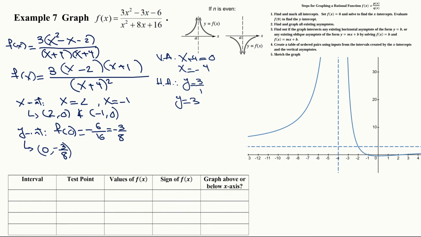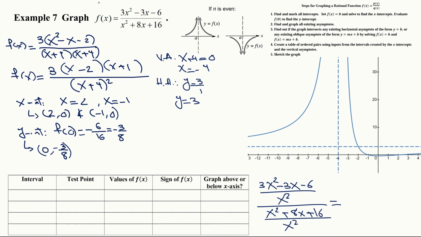In case you've forgotten what I'm talking about, you can just take 3x squared minus 3x minus 6 divided by x squared, and do the same to x squared plus 8x plus 16.